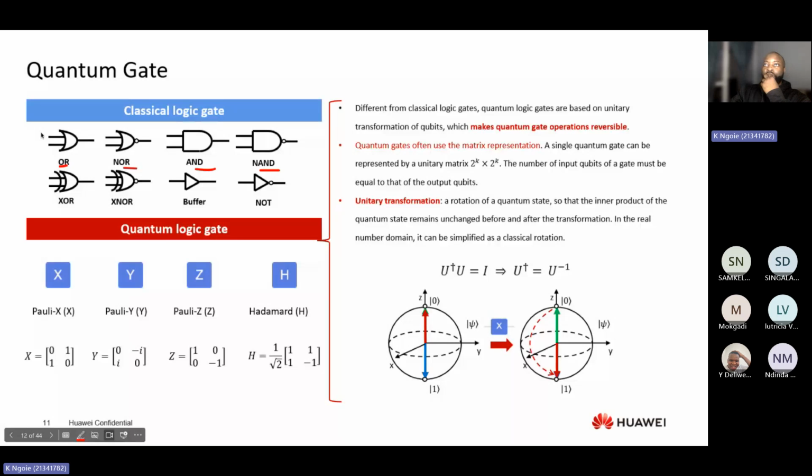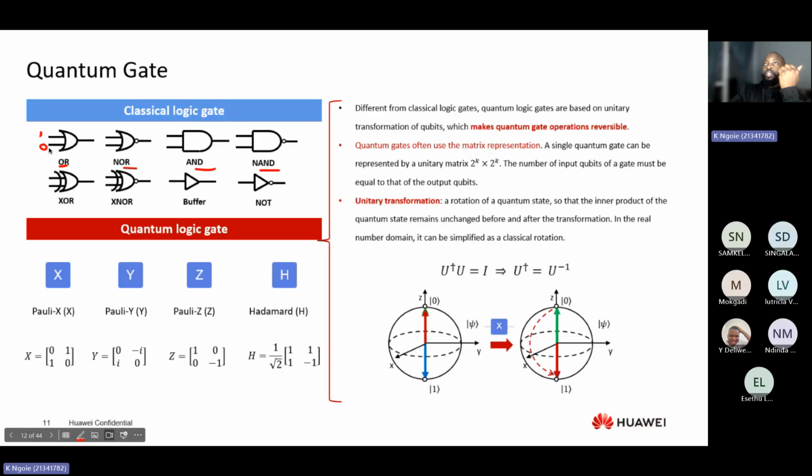Remember, this is a classical case now, that means we have 1 or 0. So if we have a 1 and a 0, here it means that the output will be 1 if at least one of them is 1. That is an OR gate.